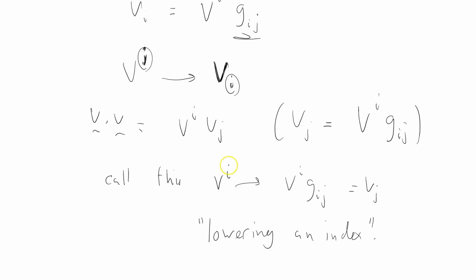Okay, so it's a handy way to turn a contravariant index into a covariant index, simply multiplying by the metric tensor and contracting over, doesn't matter whether you do it over the first or second index because it's symmetric. Yeah, I'm going to stop there.